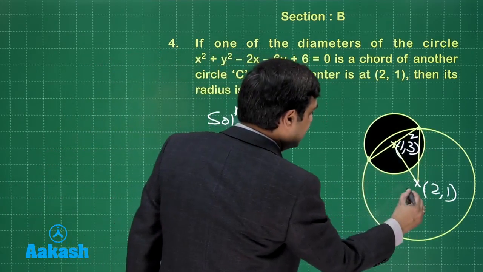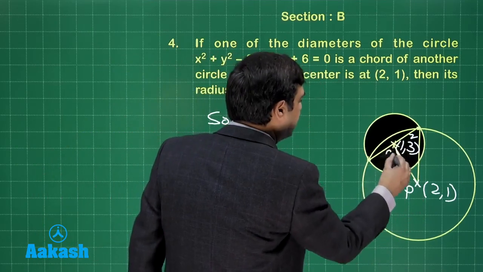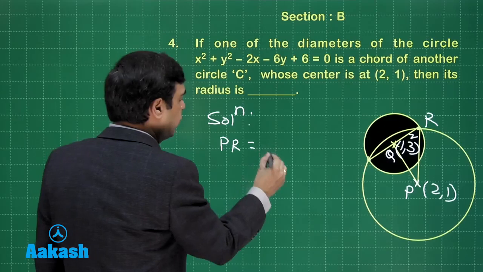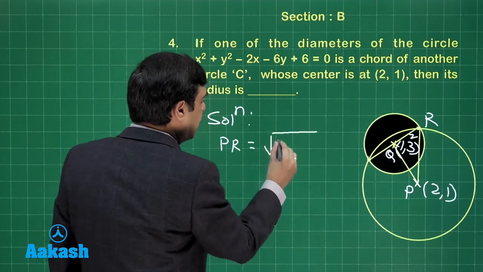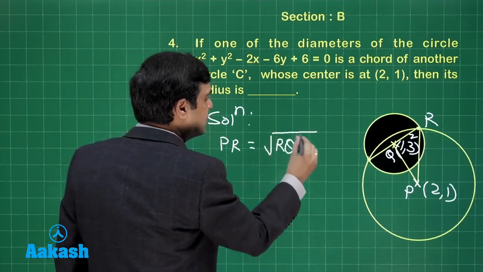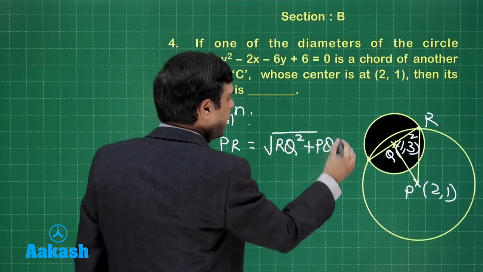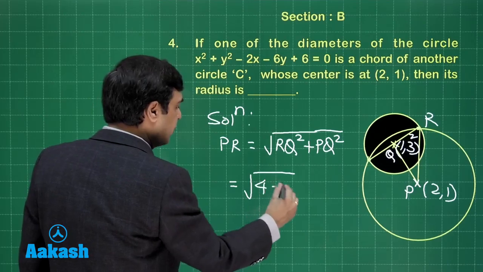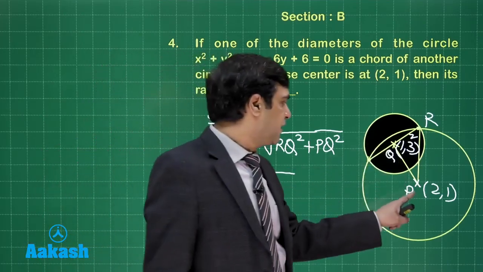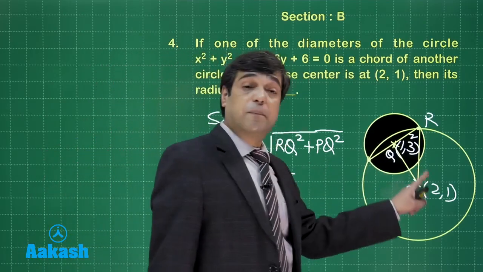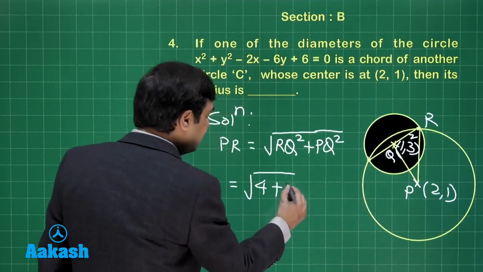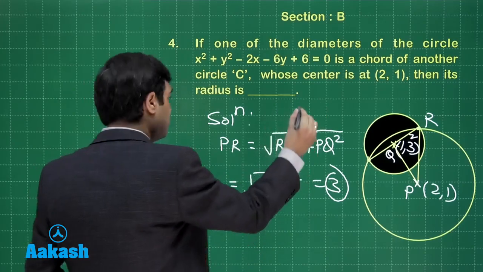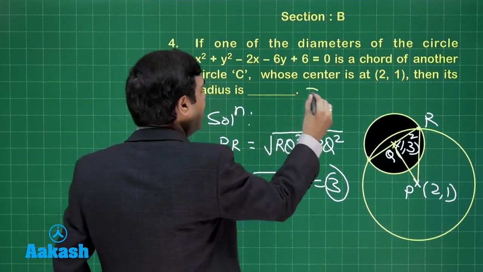Let's say this is P, this is Q, and this is R. Therefore, PR is equal to root of RQ square plus PQ square. Now, this is equal to root of RQ square, meaning 4, plus this distance we can find as 1 plus 4, that is root 5. Its square is 5. So the required radius is 3 units. So simply we get the answer over here as 3.